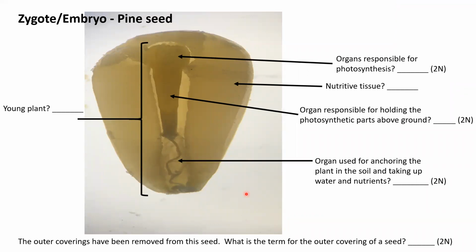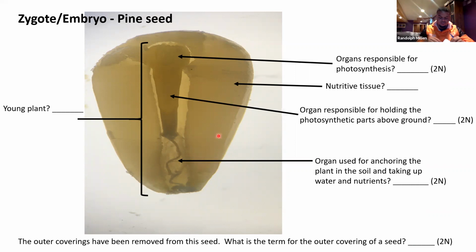Look at what I'm pointing at with my pointer. That is correct. That is the megagametophyte, or the female gametophyte. Remember, the female gametophyte became the nutritive tissue.